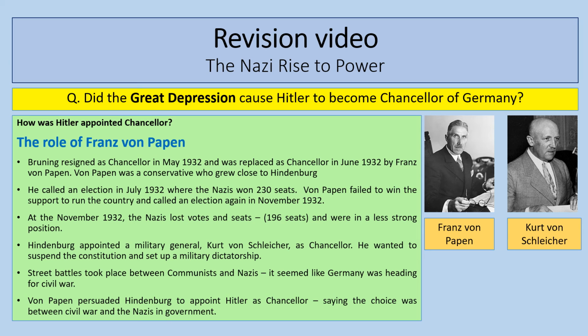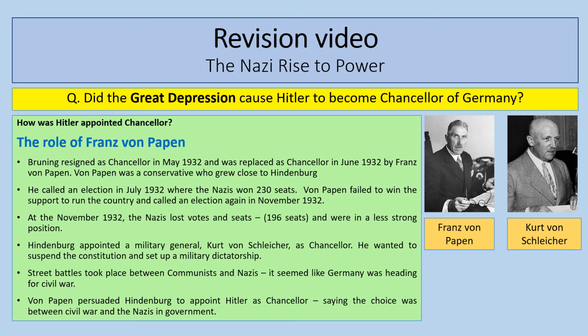Now, during that time, towards the end of 1932, in the winter of 1932 into 1933, there were street battles that were going on in Germany between the communists and the Nazis, and it very much seemed as though there was chaos on the streets. Germany was perhaps heading for a lack of order, riots, perhaps even some kind of civil war.